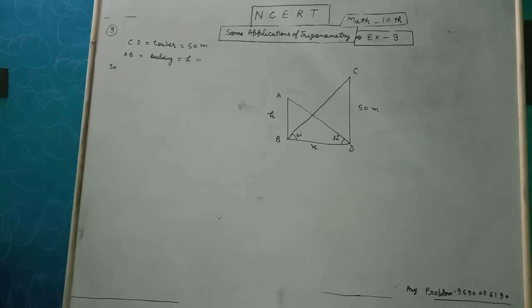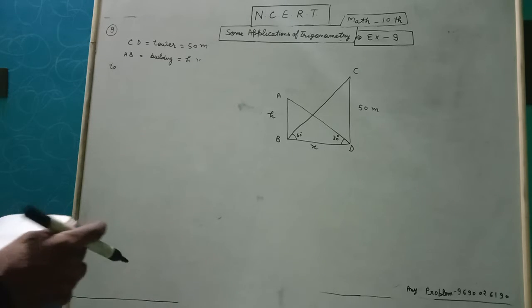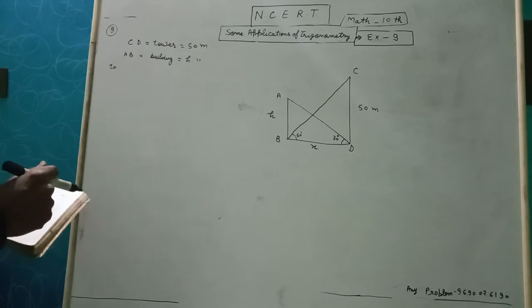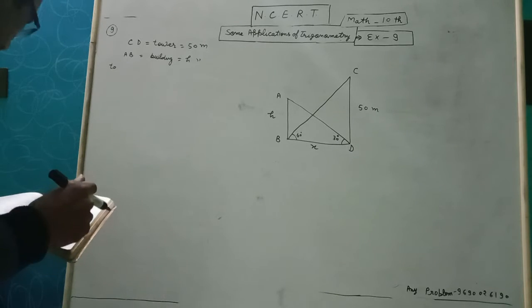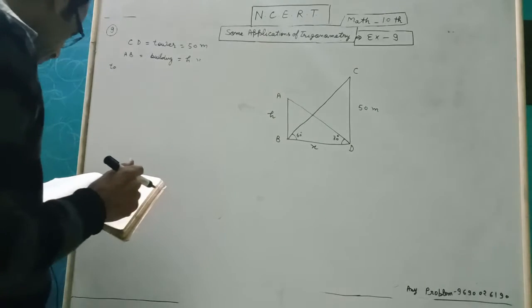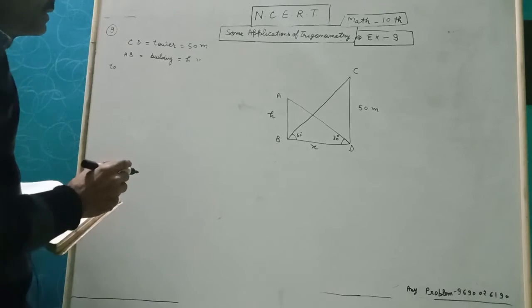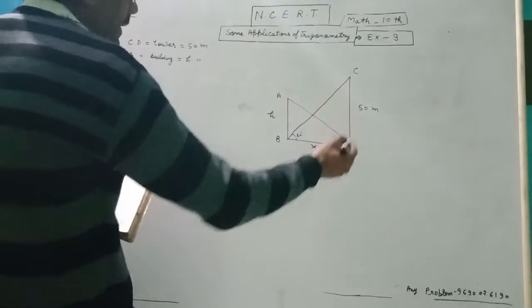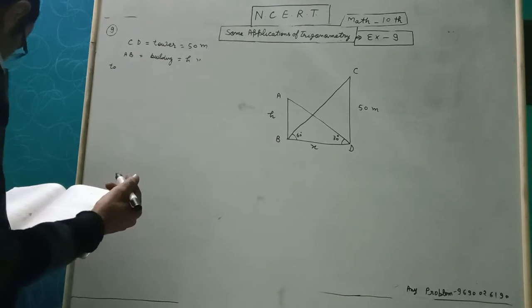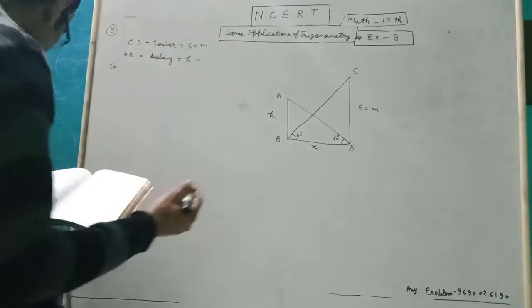10th class student, question number 9, exercise 9, some application of triangles. After disturbance, question number 9. CD is the tower and AB is the building.